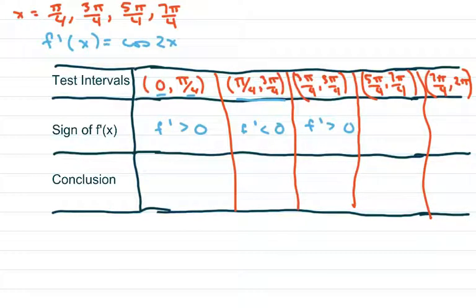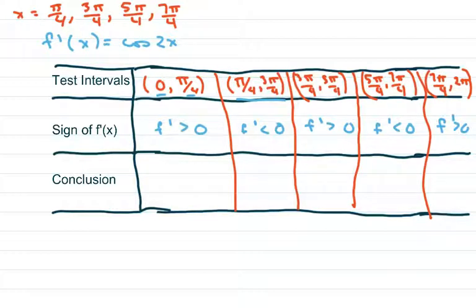And this one is going to be negative. And the last one, we're going to get back to positive. So it's going up and down, up and down.